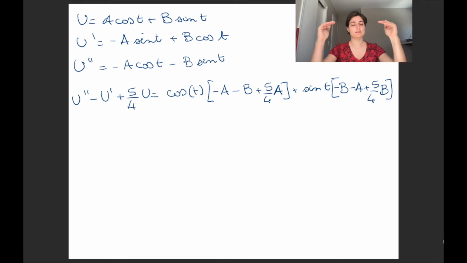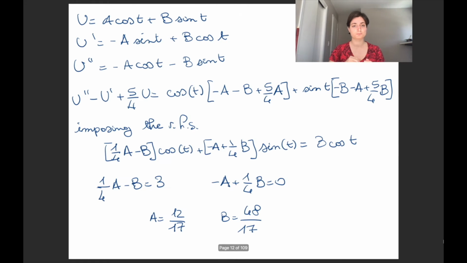We need this to match our forcing term. So we need (1/4 a - b) cos t + (-a + 1/4 b) sin t = 3 cos t. That means that the coefficients in front of the cosine need to be equal, and the coefficients in front of the sine need to be equal.